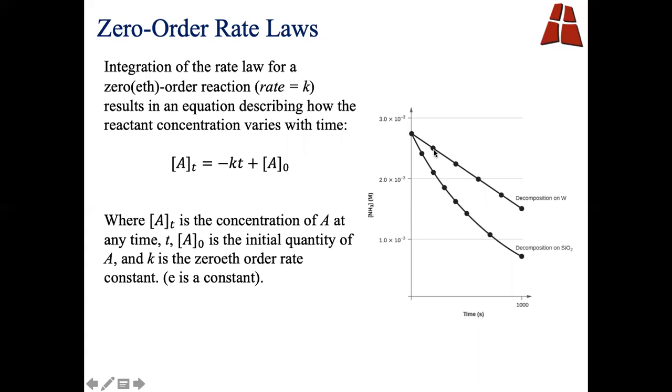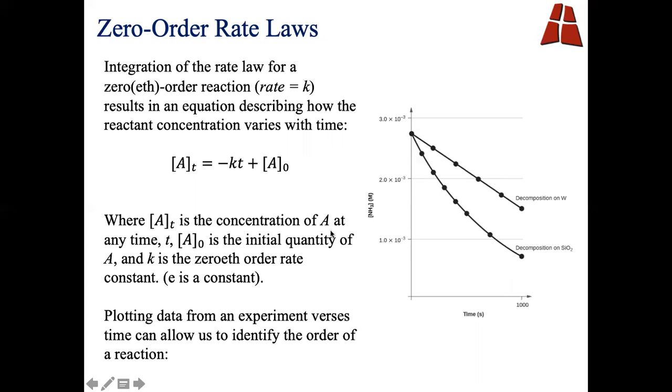If it is a zero order reaction, we end up with a straight line. If it is not a zero order reaction, though, we would end up again with a curved line, okay? So that is what that would look like for a zero order rate law.